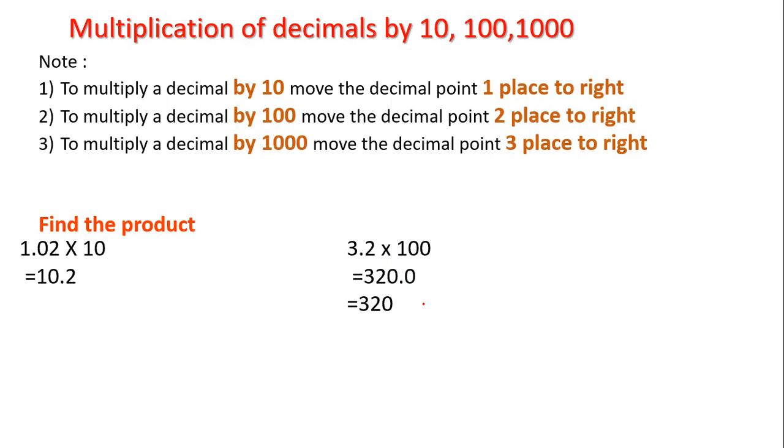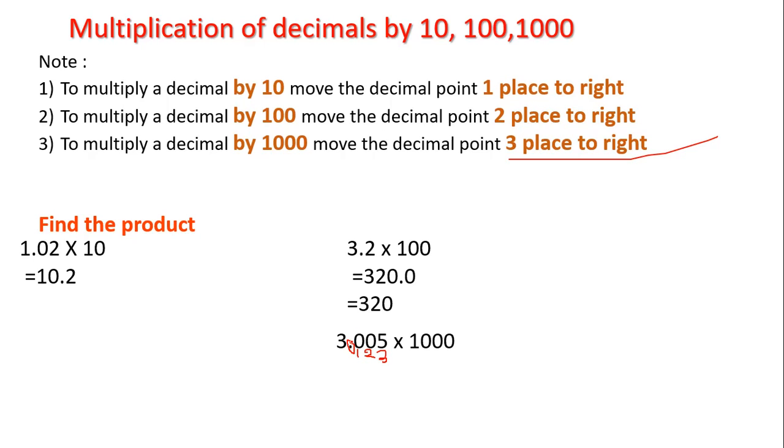Next point is to multiply a decimal by 1000, move the decimal point three places to the right. That is, to find the product of 3.005 into 1000, we have to move this decimal point three places to the right side. 0 is the first place, one more 0 is the second place, 5 is the third place.